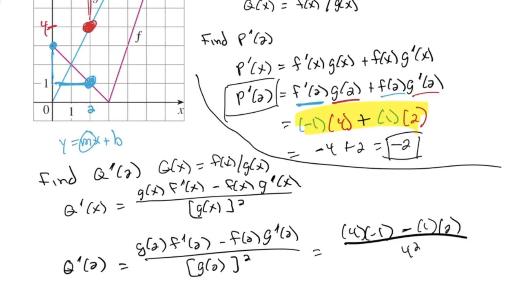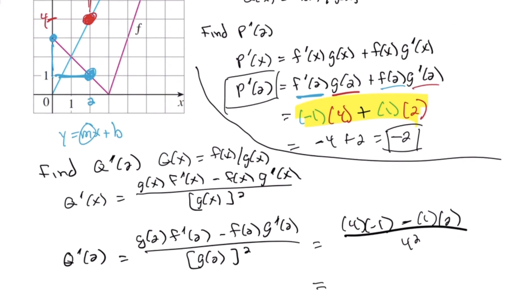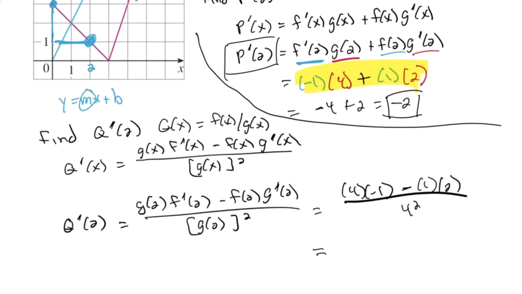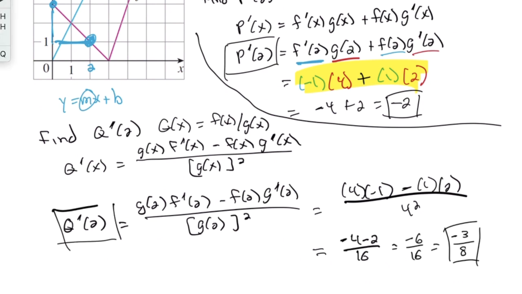If I crunch all of that out, I get -4 minus 2 over 16, so that's -6 over 16, which is divisible by 2, so I get -3/8. That is q prime at 2.